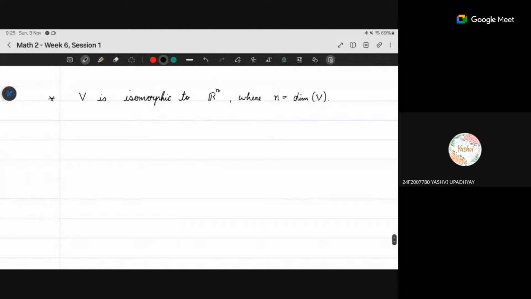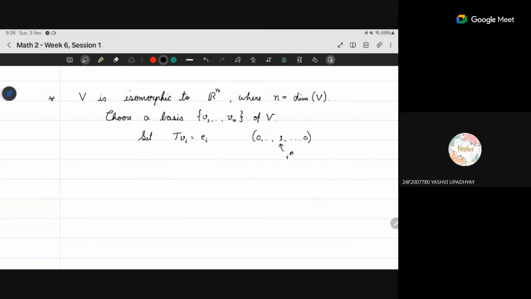So how do you go about doing this? Choose a basis. You can choose any basis V1, V2, Vn. The size of the basis has to be equal to the dimension, right? Choose a basis V1, V2, Vn of V, and then set T(Vi) equal to ei. ei is the standard ith coordinate vector, which is 0 everywhere except the ith position where it is 1.